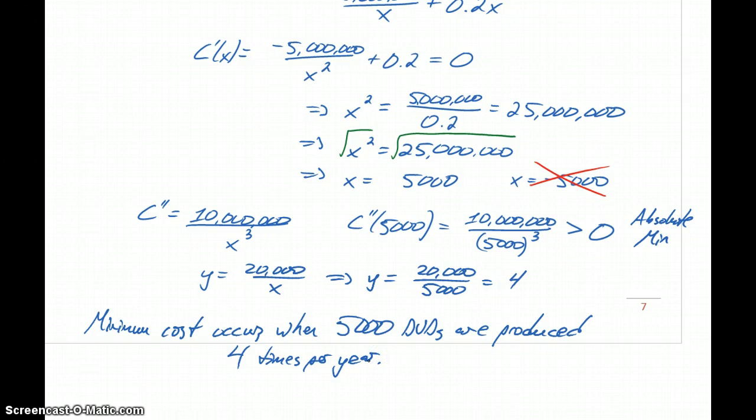So the most efficient, cheapest way to meet this demand of DVDs that we need to produce is to complete 4 different production runs throughout the year, and with each production run, we'll print another 5,000 DVDs.